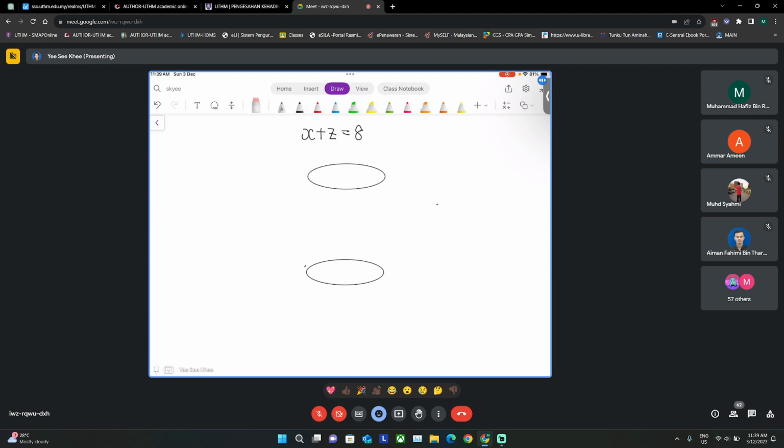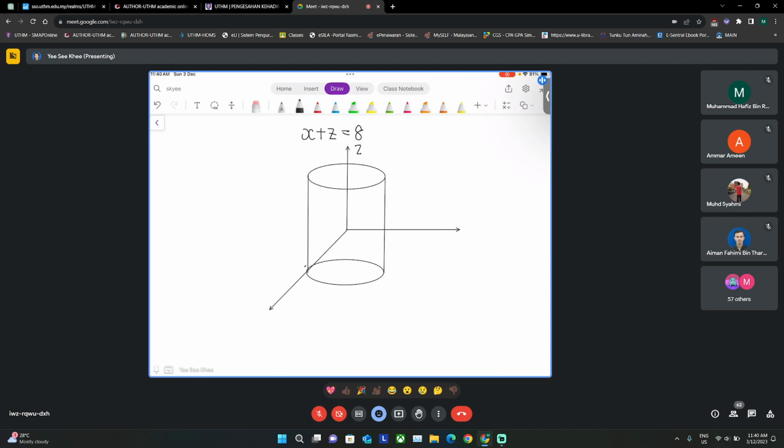So draw the cylinder. Then now draw the axis. I'm drawing this way because I want to tell you that this cylinder actually can extend to the negative z-axis. You can extend it in the negative part and the positive part.